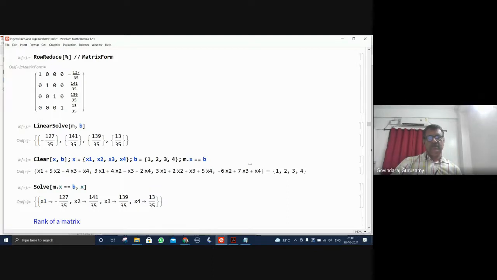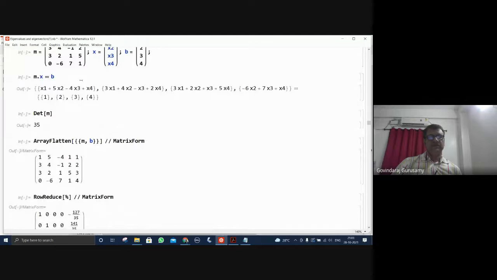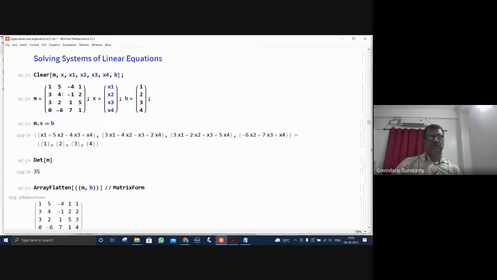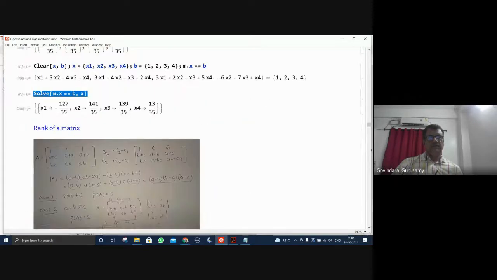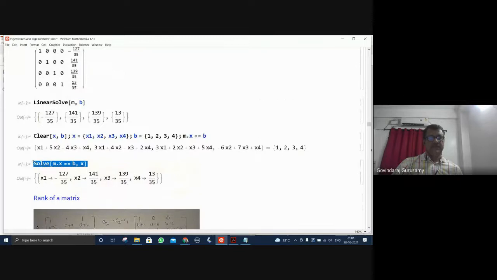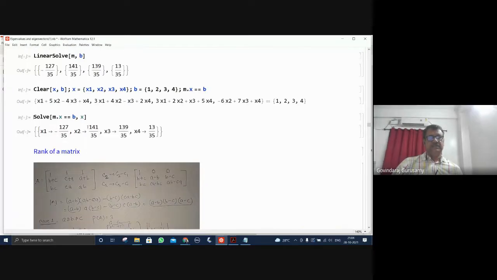Then you have this m dot x equal to b, which is solving how many equations? Four equations or five unknowns? What is the situation? Four equations, four unknowns. 1, 2, 3, 4. Yes, four equations, four unknowns. That can also be done by using solve. Linear solve, solve, and row reduction are the methods which provide exactly the same results.